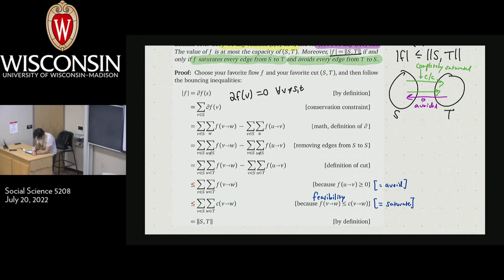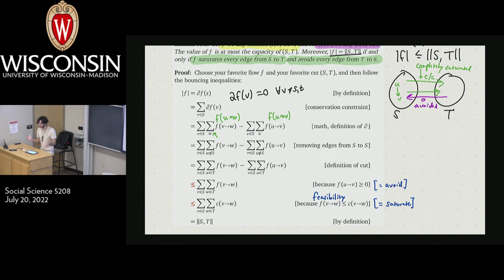So why is this? Well, notice that any edge from S to S, so let's say you have U to V. In the original, that's going to appear here, F from U to V. But it'll also appear in the right-hand side, specifically when V is U and U is V. So in both summations, F of UV will appear.